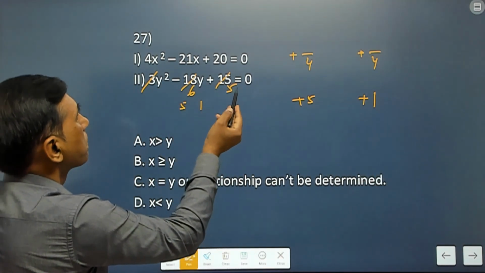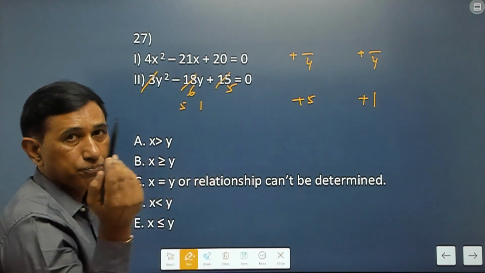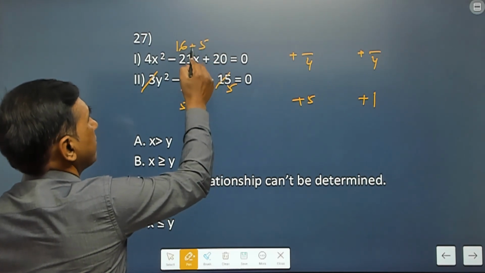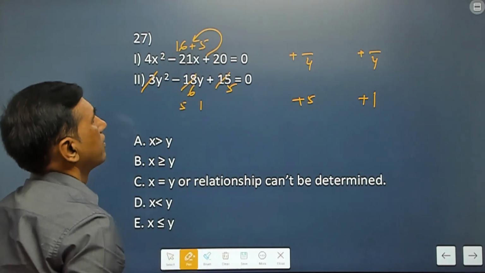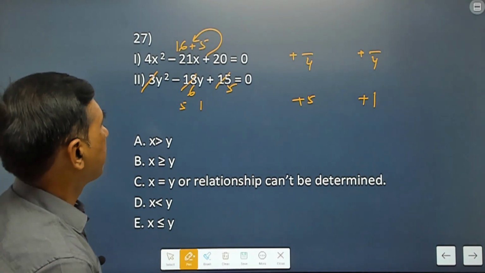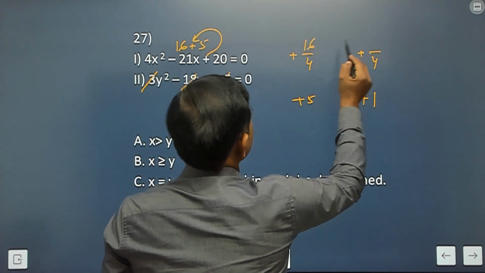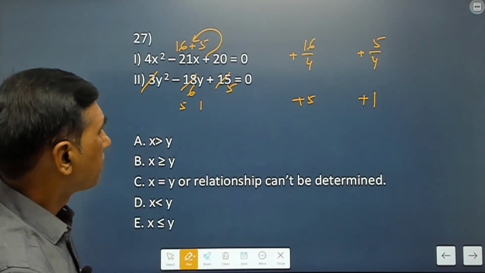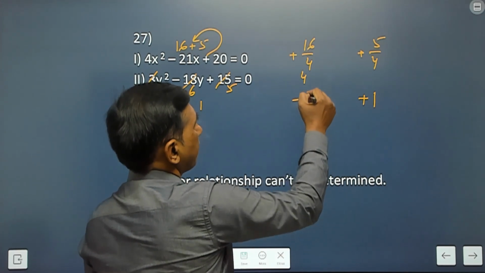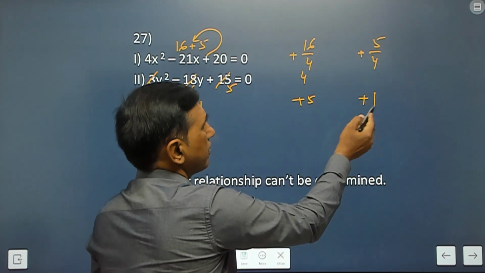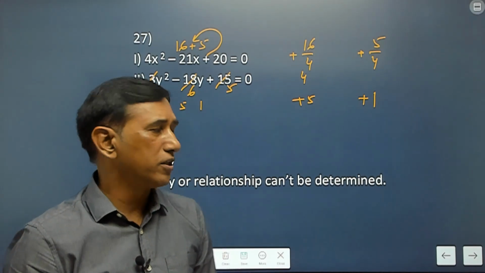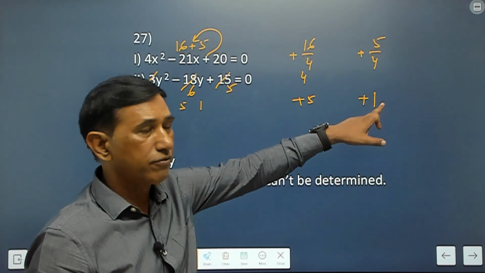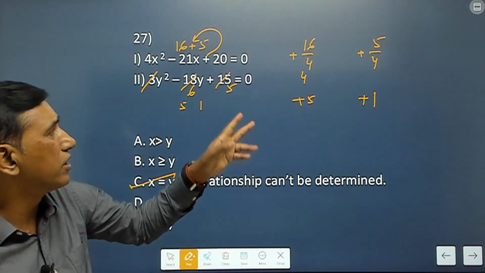Here it will be 20 into 4, 80. So this has to be 16 and 5. 16 plus 5, 21. 16 into 5 is 80. So this has to be 16. This has to be 5. So again, this is 4, which is in between 5 and 1. So relationship can't be determined. Because when it is 4, it is greater than 1 and less than 5. So relation can't be established.